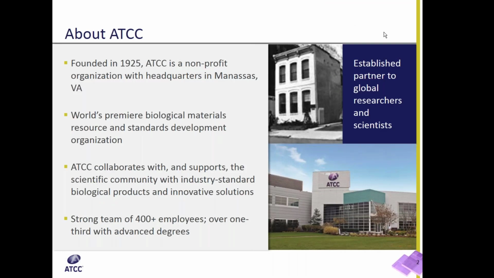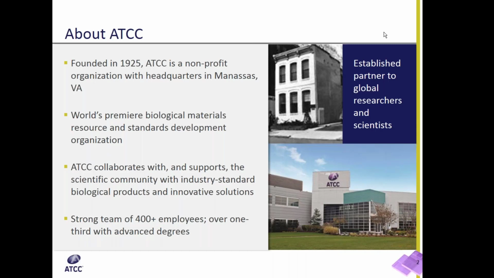Founded in 1925, ATCC is a private, independent, nonprofit organization that serves and supports the scientific community with industry-standard products and innovative solutions. At ATCC, the core mission is to advance and apply scientific knowledge.